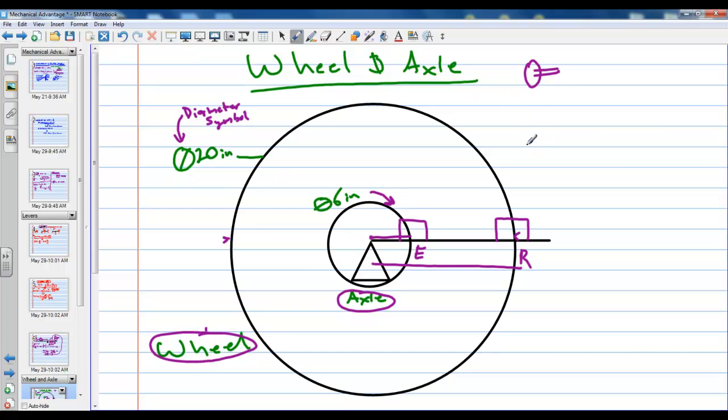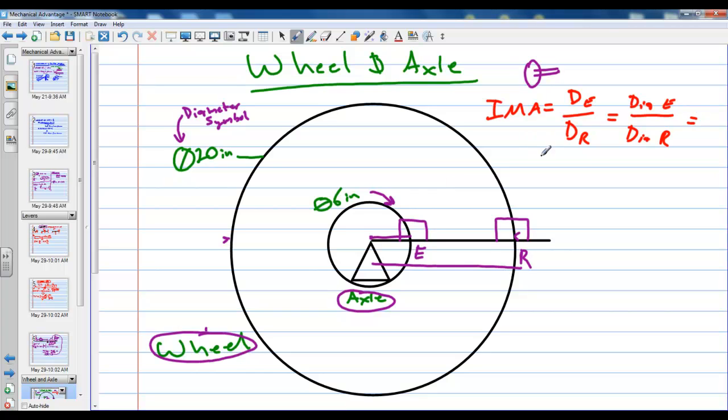Now we know that the IMA, the ideal mechanical advantage, is equal to the distance of the effort over the distance of the resistance. I don't know how far this is, but I can say it's half the diameter. The diameter is 6, so the distance of the effort I could say is the diameter of the effort over the diameter of the resistance, because the diameter is the same.